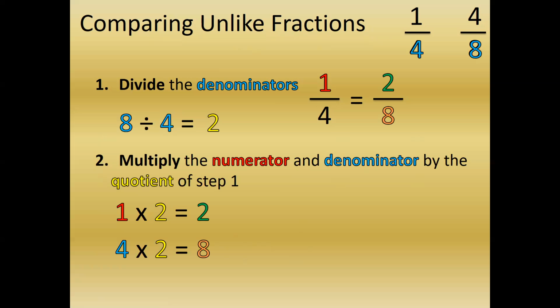So those are equivalent fractions. But now we have to see, is 2/8 greater than, lesser than, or equal to 4/8? Our denominators are the same, so we don't have to look at that. Which one is greater, 2 or 4? 4 is, so that means that 1/4 is lesser than 4/8.